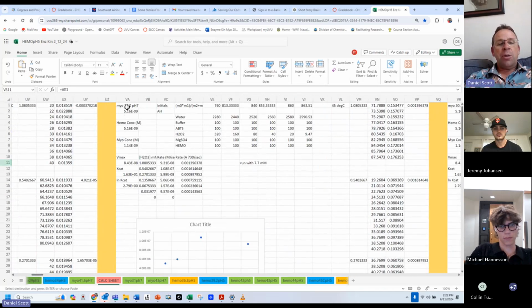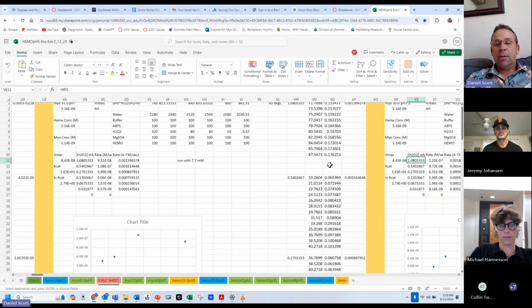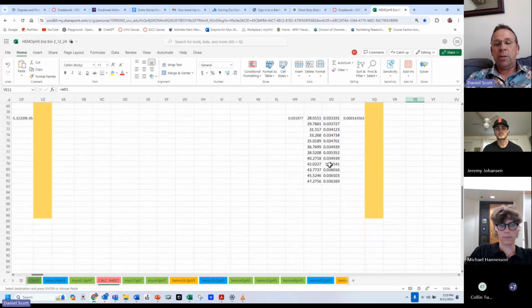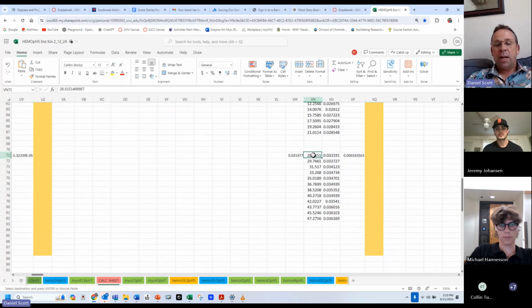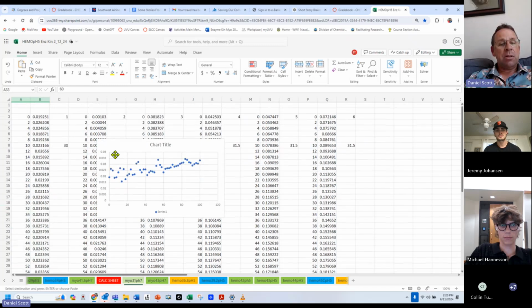So here's Myo 31 pH 7, which corresponds to this sheet down here. Taking that data, and we don't need everybody doing this again, so don't do this, but that data will be pasted in this space right here. So this is 28 to 47. I didn't look particularly at that. We can look at the 28 to 47 and see.